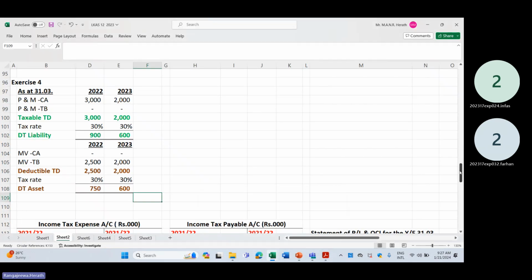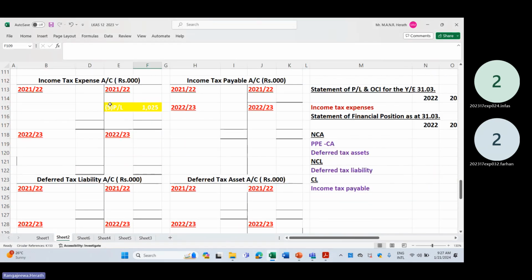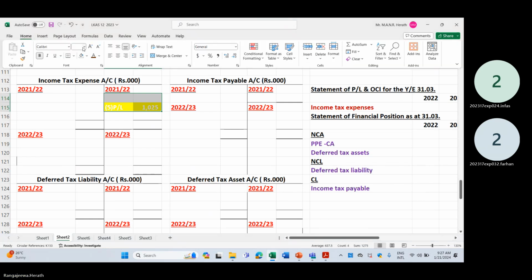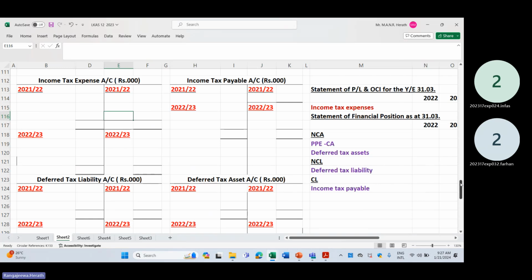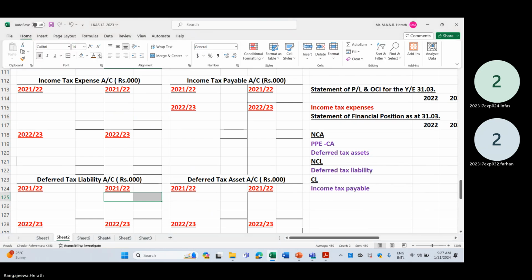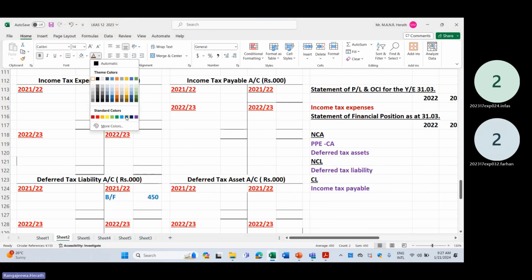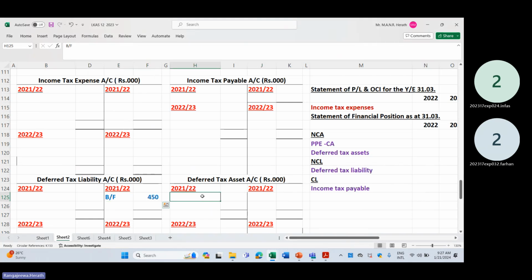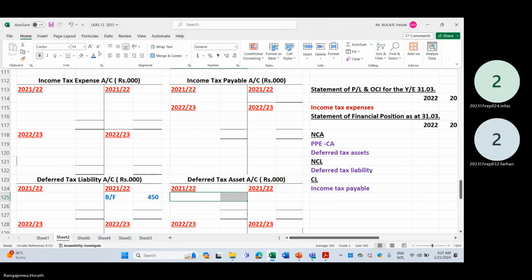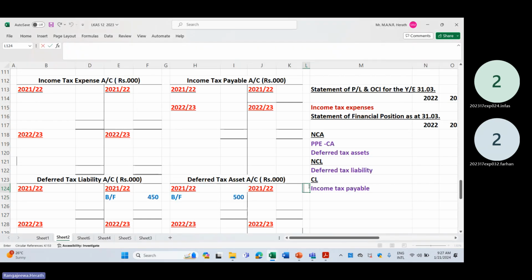So when you prepare the accounts, we can show the deferred tax liability opening balance, which is given, 450, and the deferred tax asset 500 is already available. So the rest is the same as the previous activity.